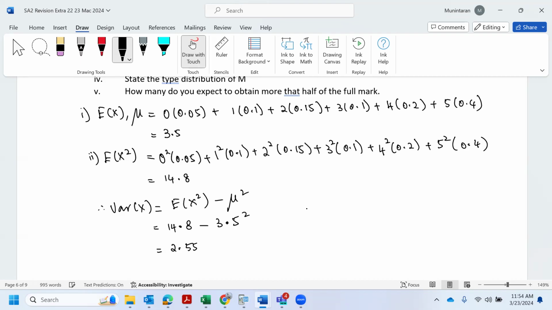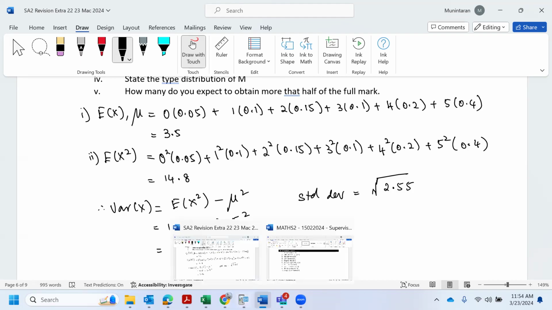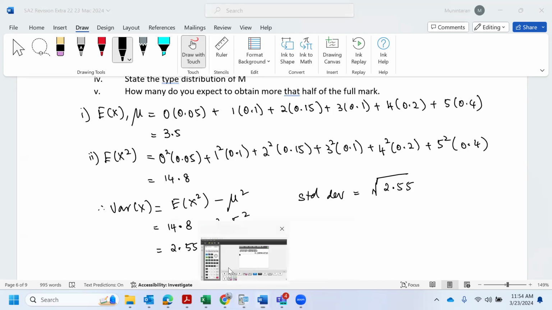If you are asked to find the standard deviation, read the question carefully. That means the square root of 2.55. You could use your graphing calculator to check in this case.